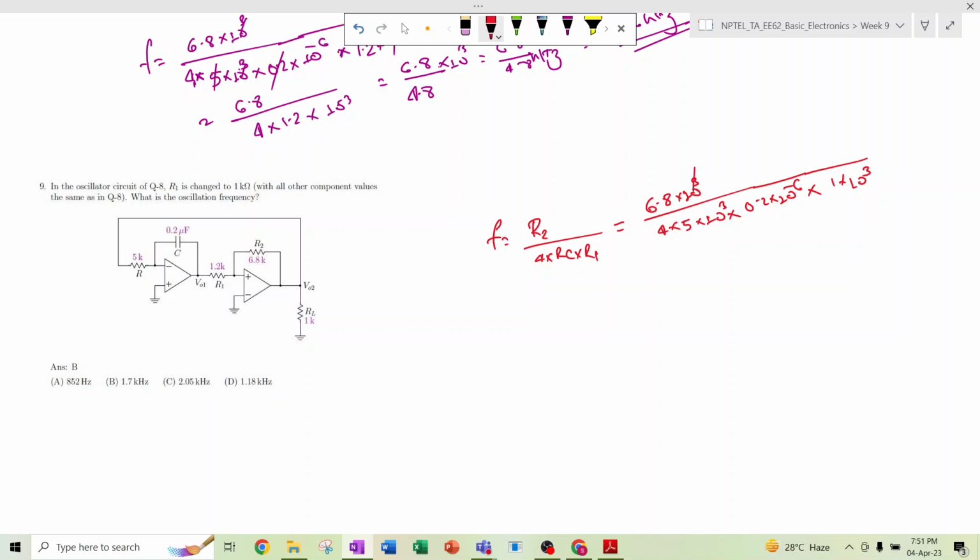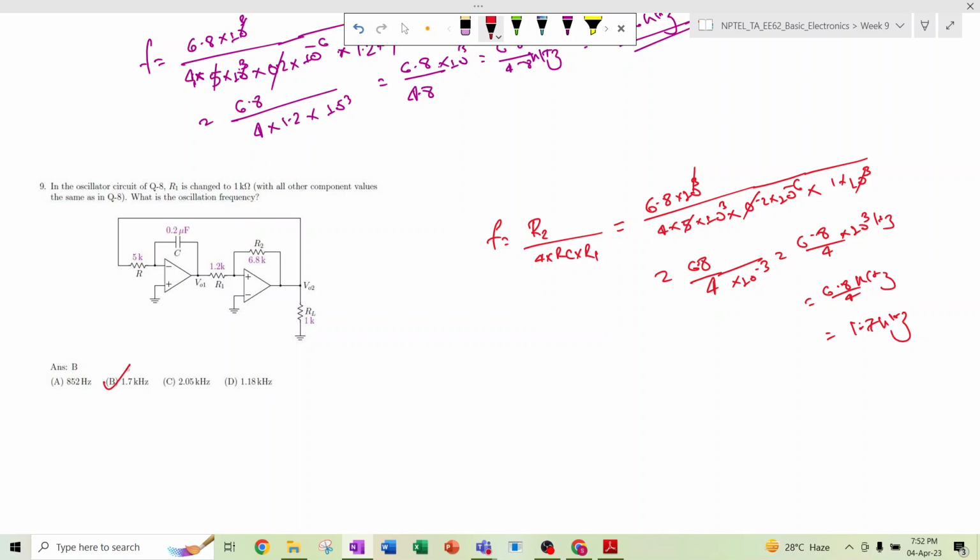So this 10 cube cancels out, 5 into 0.2 makes 1. So 6.8 divided by 4 into 10 to the power minus 3, that is 6.8 by 4 into 10 cube hertz, that is 6.8 divided by 4 kilohertz. That means it is 1.7 kilohertz.